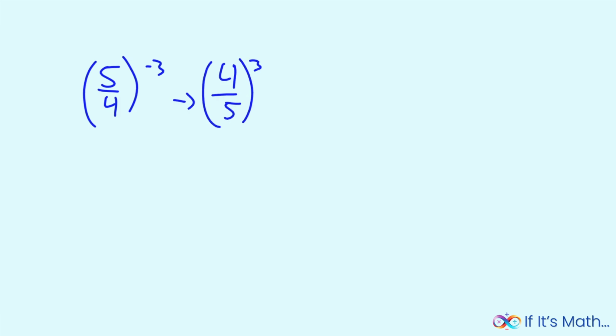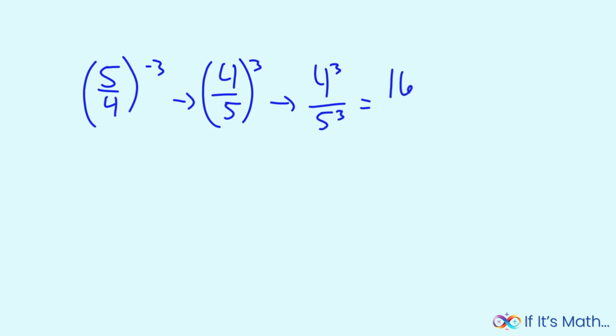So if you had to actually solve one, let's say that you had 5/4 to the -3rd power. Well, we know from the rule that that's going to be 4/5 to the 3rd power. So that gets us back into positive exponent territory. Once we're there, remember we're going to use our other rule, which says that that's going to be 4 to the 3rd divided by 5 to the 3rd.